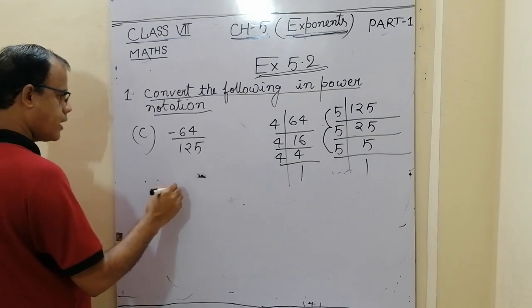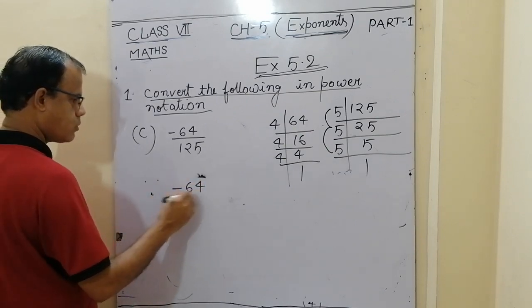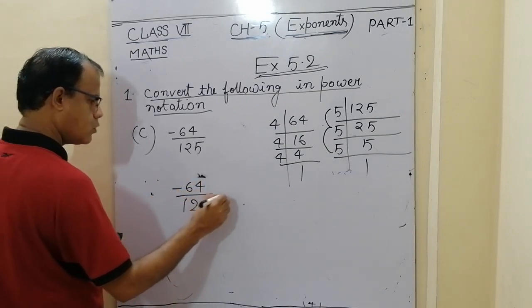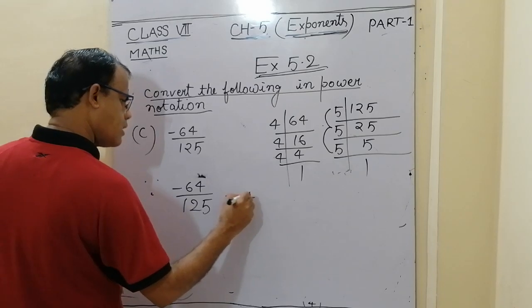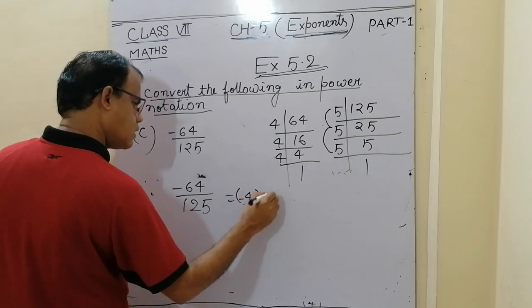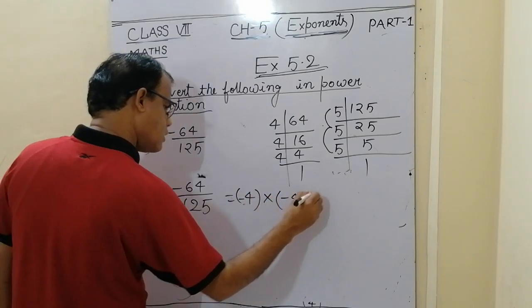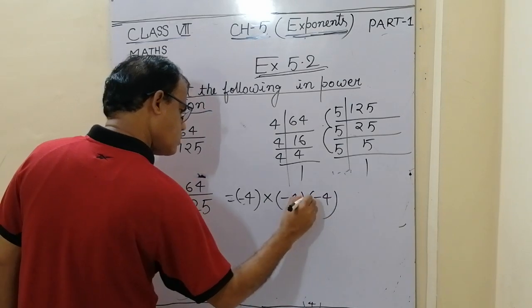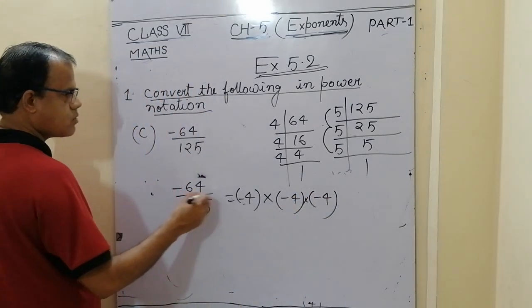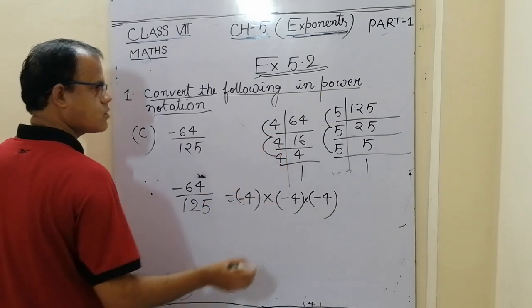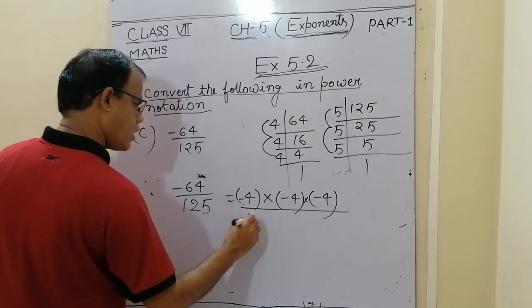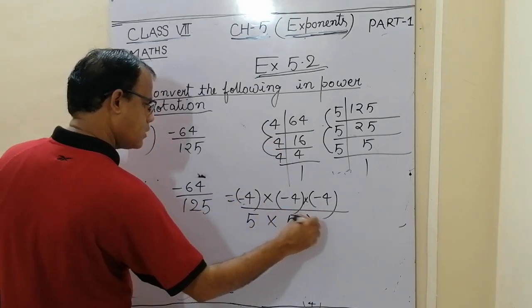So we can write it like that: minus 64 by 125 equals minus 4 multiply minus 4 multiply minus 4. How many times? 3 times. And also 5 multiply 5 multiply 5.